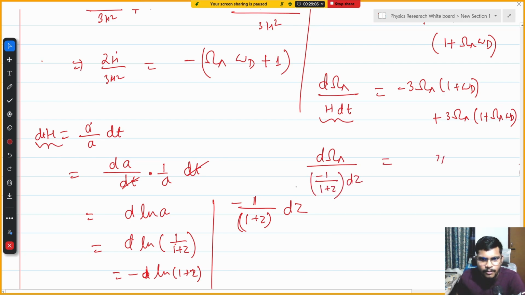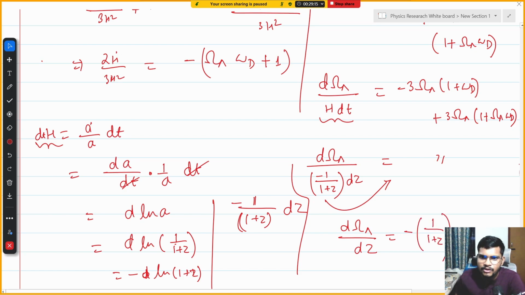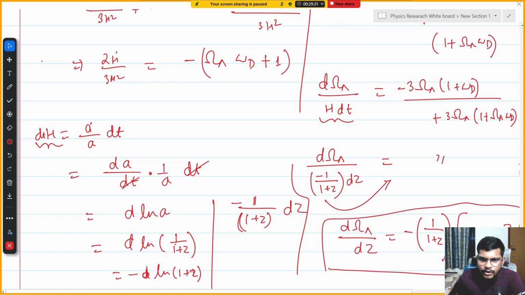And over here I can just write d omega by dz, taking it this side, minus 1 by 1 plus z will be the factor for this whole guy over here. I know exactly what my evaluation of d omega lambda by dz is, right?